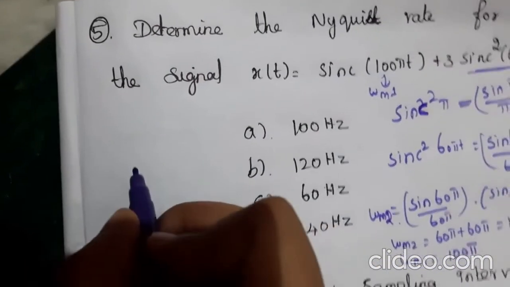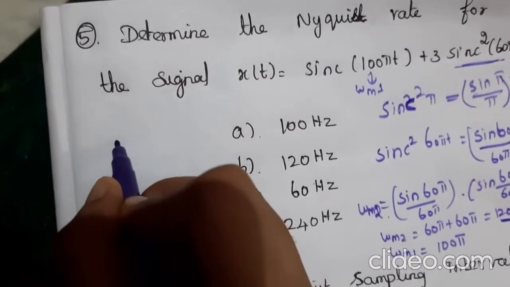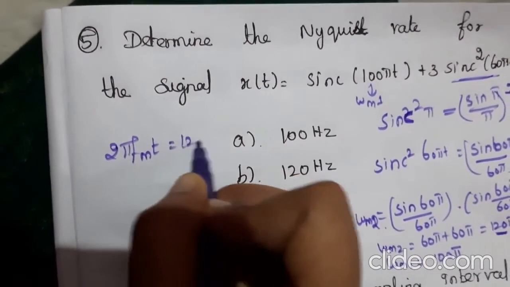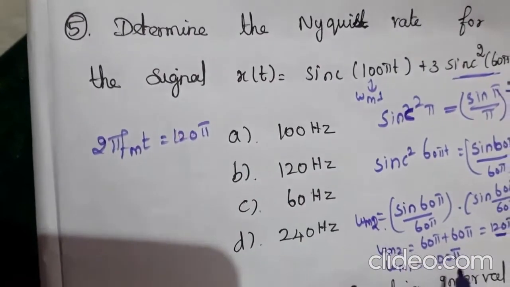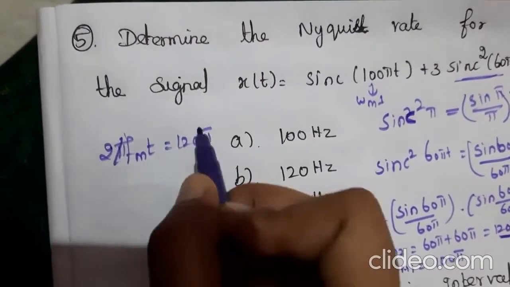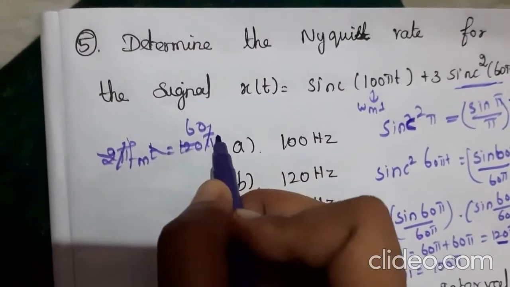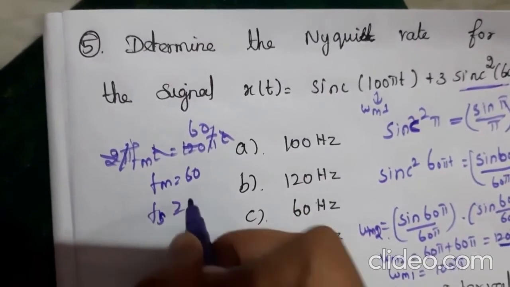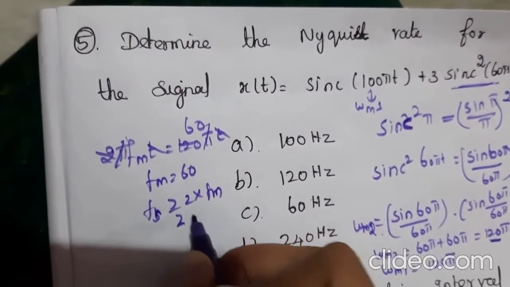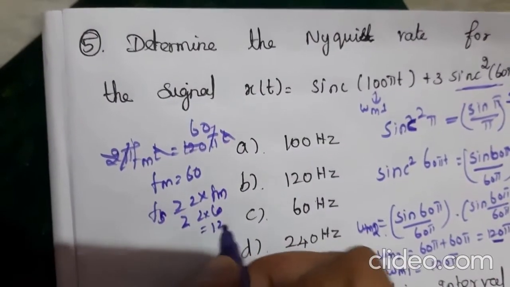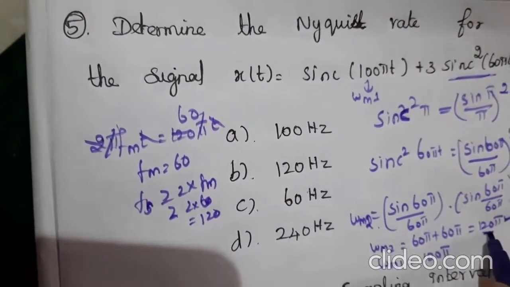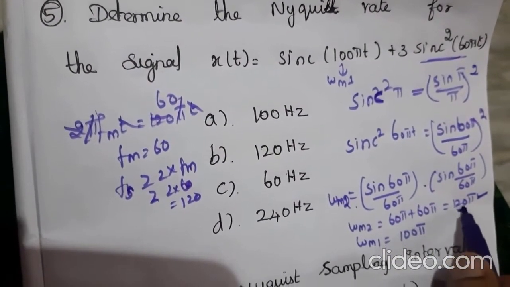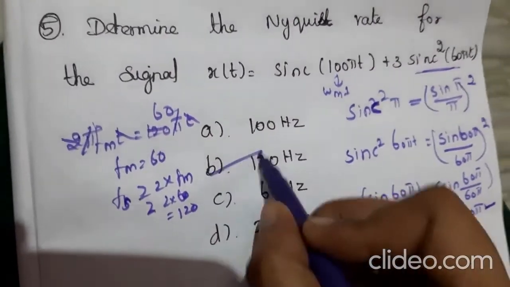Otherwise we have to find the maximum frequency value using the equation 2 pi fm t is equal to 120 pi, that is the maximum value among these two, and we will cancel this, and fm is 60. So fs is greater than or equal to 2 into fm, that is equal to 2 into 60, that is equal to 120. So otherwise we can directly choose the answer by taking the maximum omega m value. So the answer here is B.